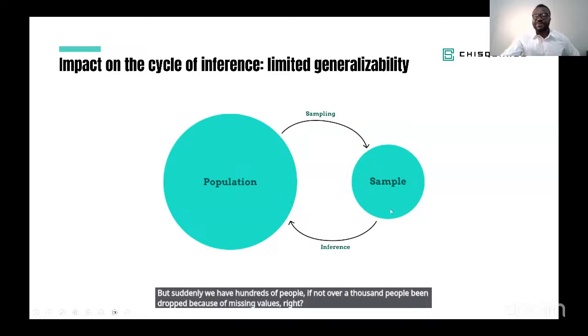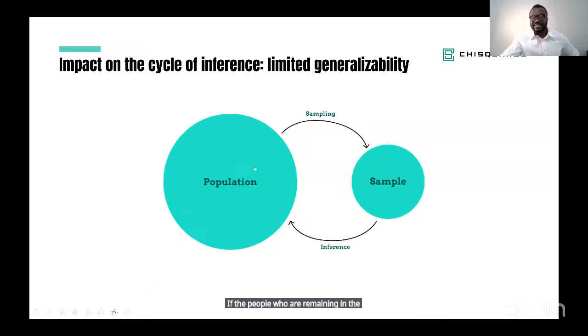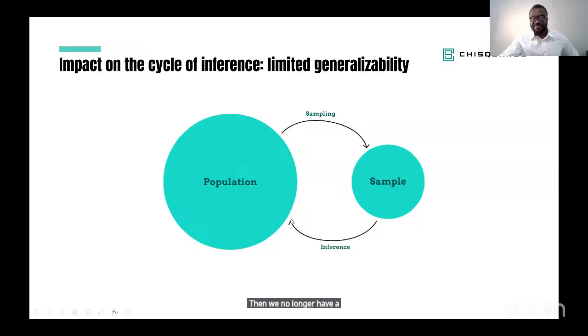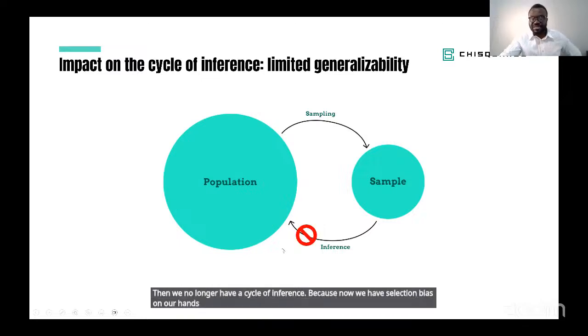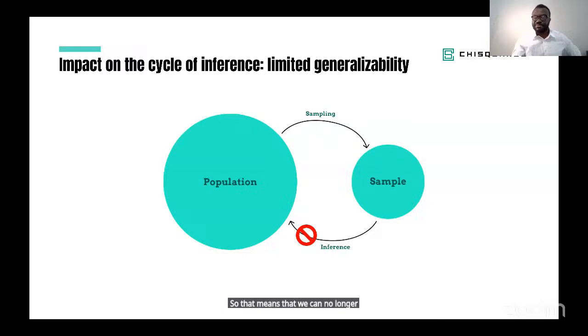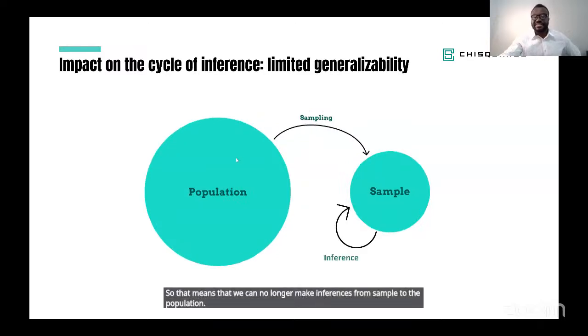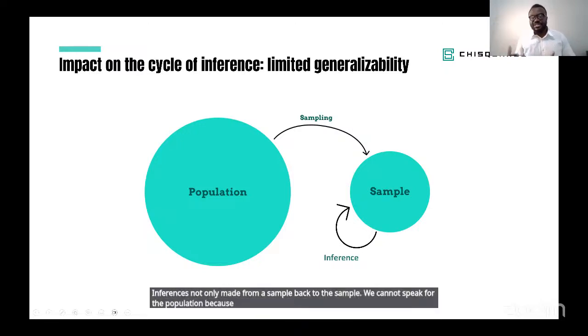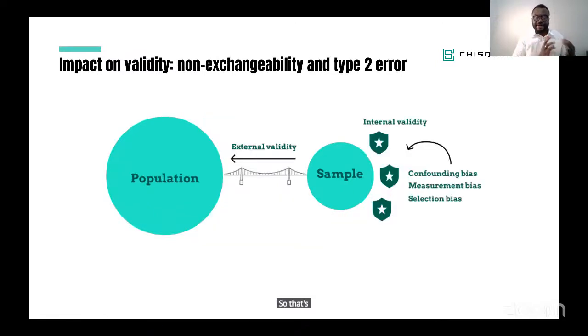If the people who are remaining in the sample are no longer representative of the population, then we no longer have a cycle of inference, because now we have selection bias on our hands, which blocks this arrow here from the sample to the population. So that means that we can no longer make inferences from sample to the population. Inferences can now only be made from a sample back to the sample. We cannot speak for the population because the sample is no longer representative of the population. So that's the problem with missingness.